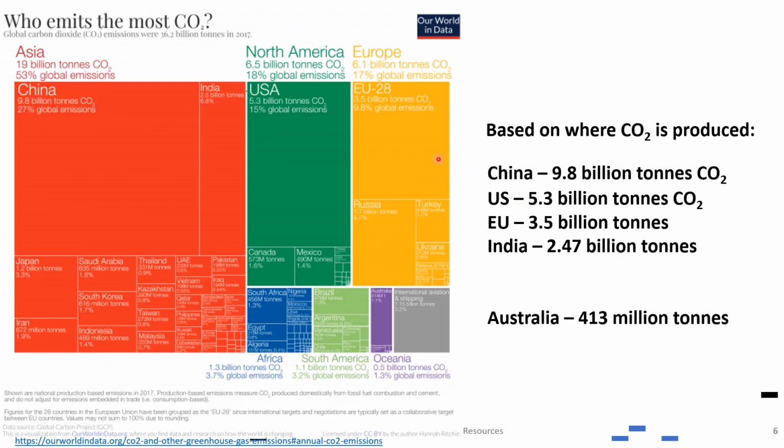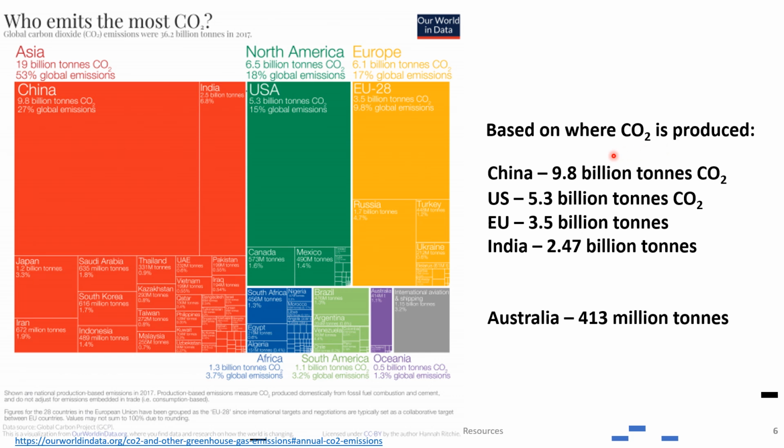If you look at who emits the most CO2, this is the global CO2 production based on where the carbon dioxide is produced, not where it is consumed. This is different. If we produce some carbon dioxide, it means we get the source there, but in most cases we actually export many of these fuels.